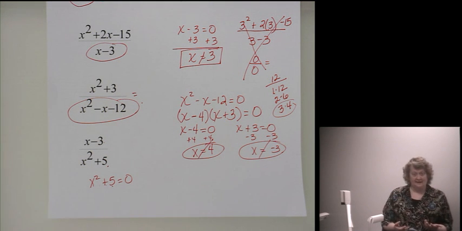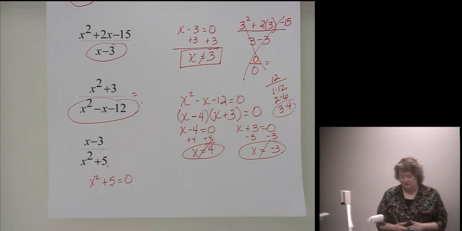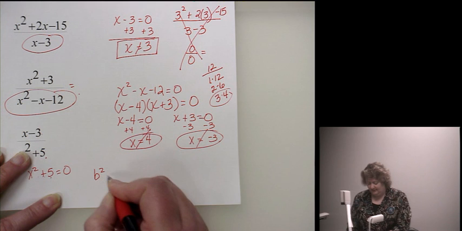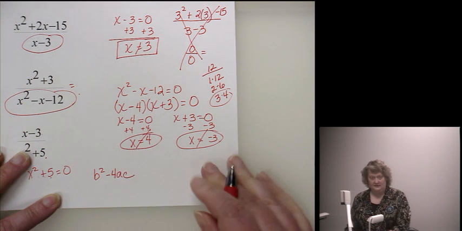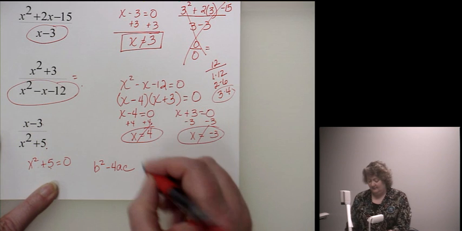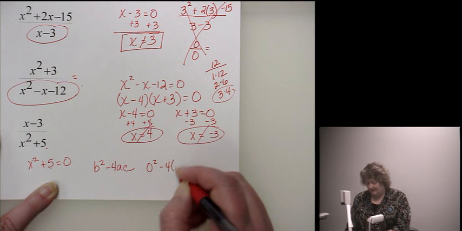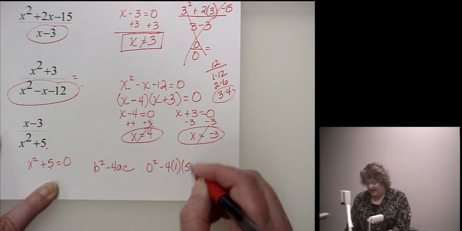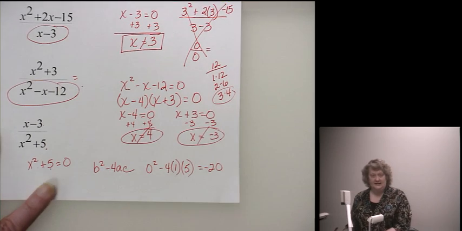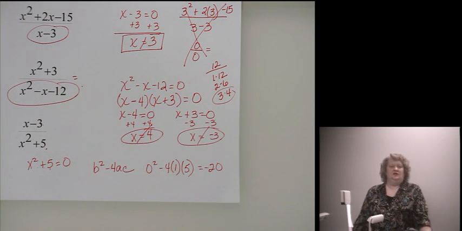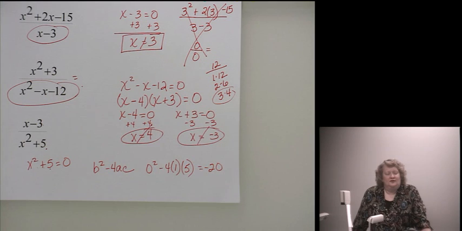If I use my quadratic formula, I'm going to get no solution because my discriminant, b squared minus 4ac, is 0 squared minus 4 times 1 times 5, which gives me -20, is negative. And you can do the whole kit and caboodle of your quadratic formula to prove it to yourself, but you still get -20 under the square root. So that means no solution.